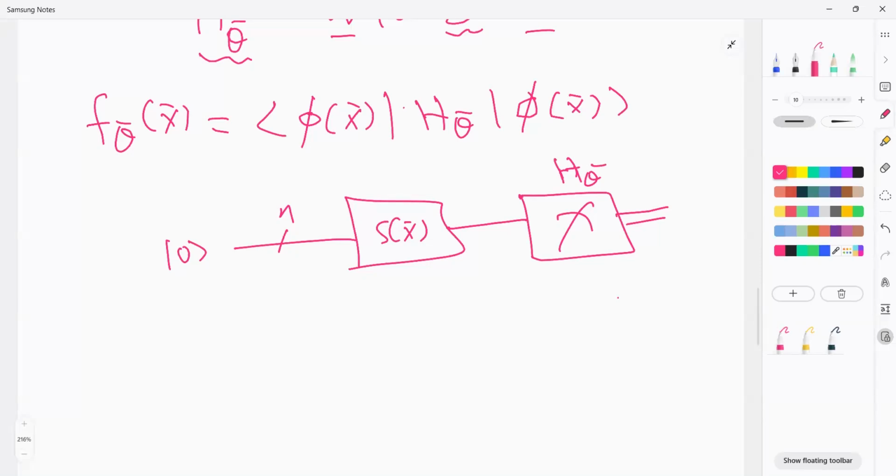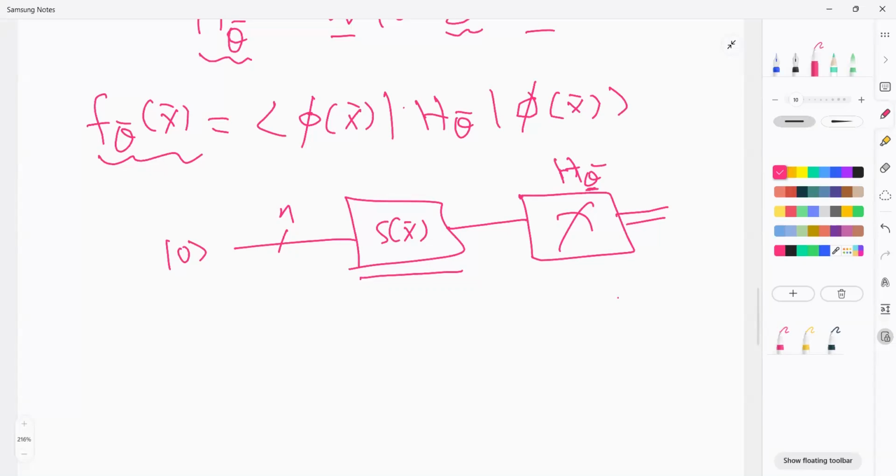And when we are going to train this circuit and find the parameter theta that gives us a model that best fits our data or classifies our data, what we are essentially doing is trying to find a measurement scheme that gives us the model that fits our data, provided that we have chosen this encoding scheme.